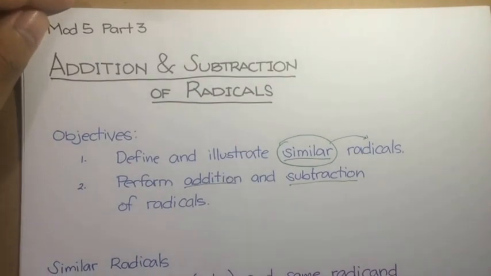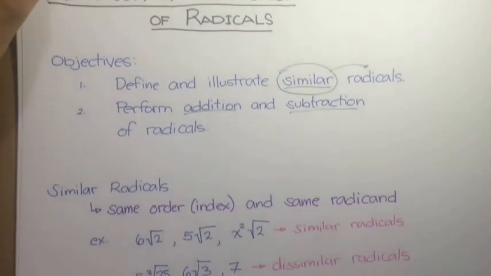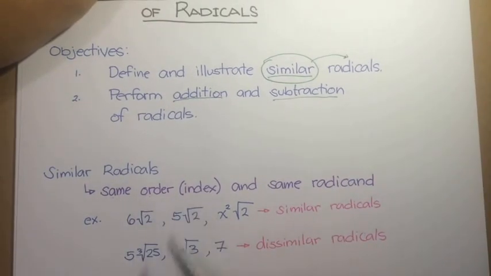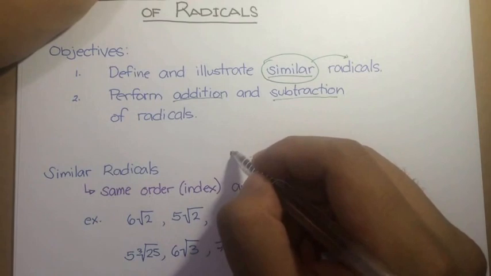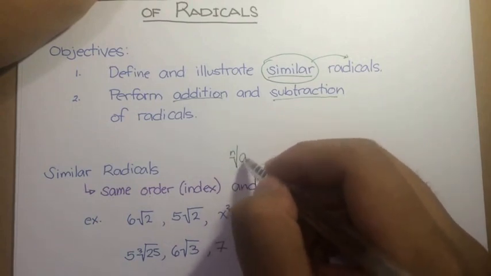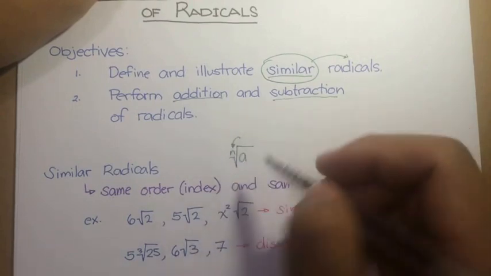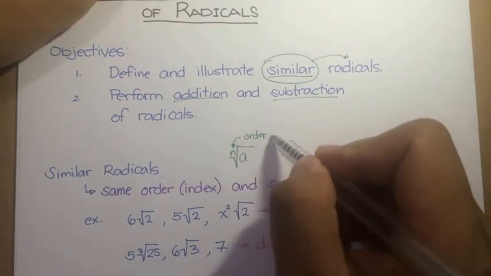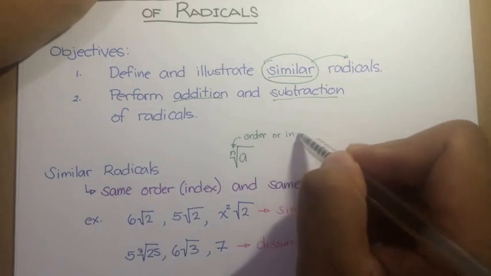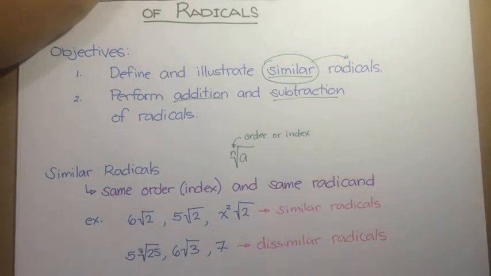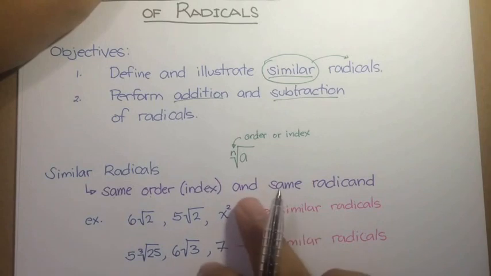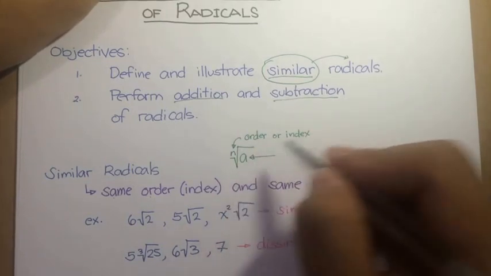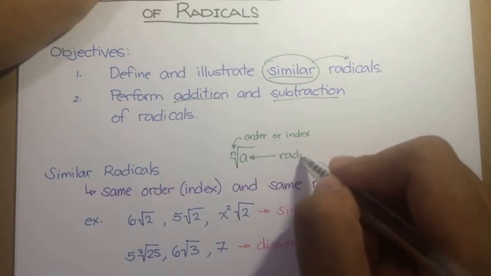This is a very important concept, similar radicals. Similar radicals are defined as radicals with the same order or index. Remember, if I have a radical nth root of a, we call this n the order or the index of the radical, and a is called the radicand.